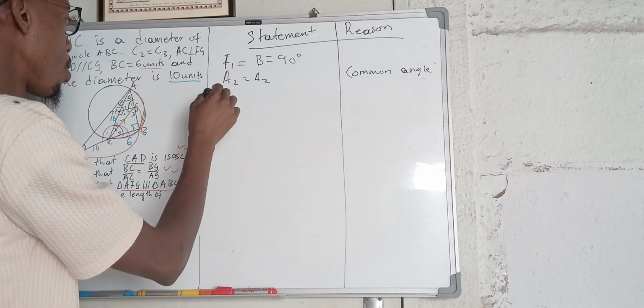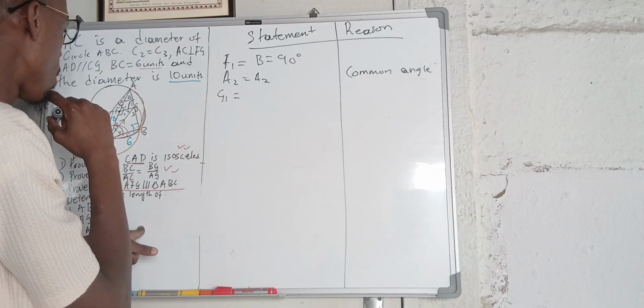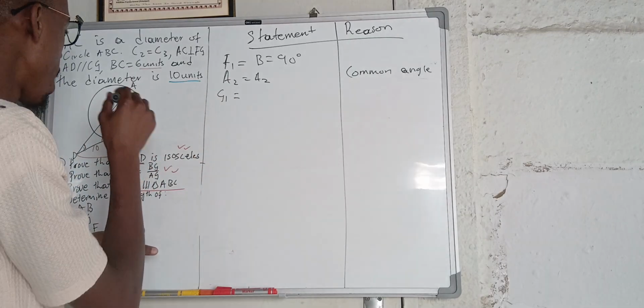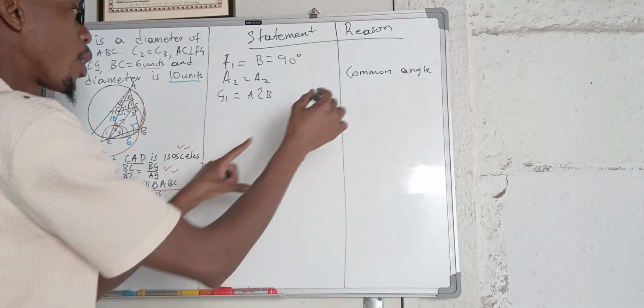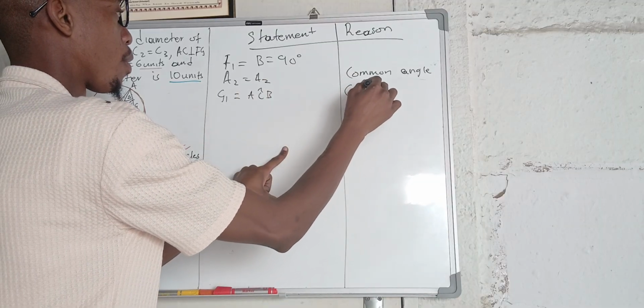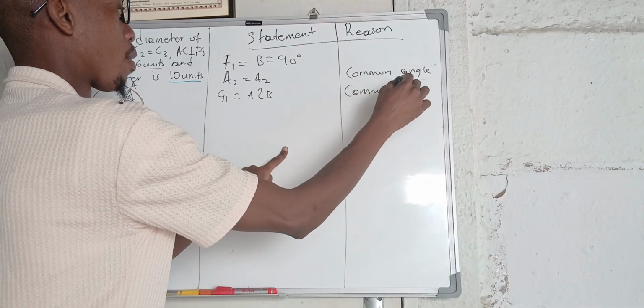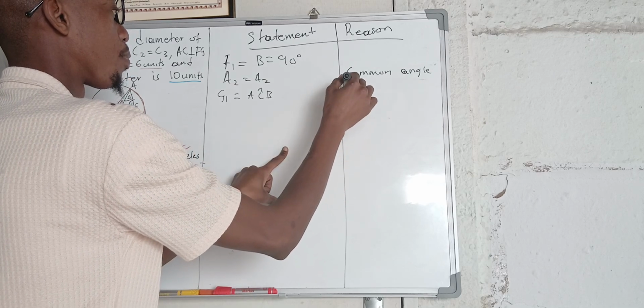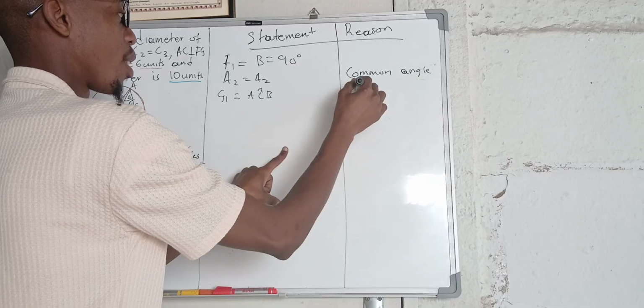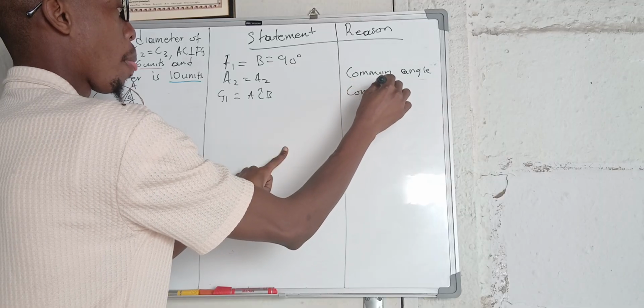So we can say G1 is going to be equal to ACB, common angle. Not common, sorry, for lack of better words, let me say common.